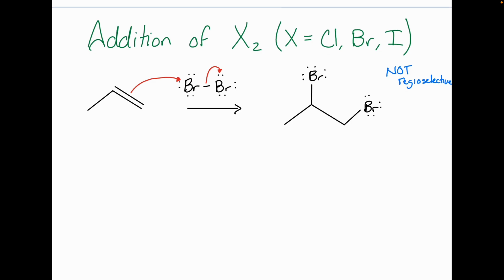It turns out that that bromine does not like being attacked. It's not very happy about it. So it's going to fight back, and its pair of electrons is going to reach out and form a new bond with that carbon. And so what we get is a cyclic intermediate, where the bromine is bound to both carbons.